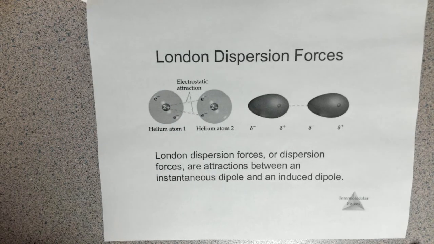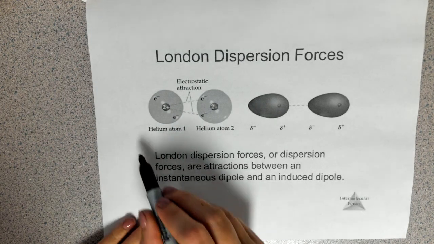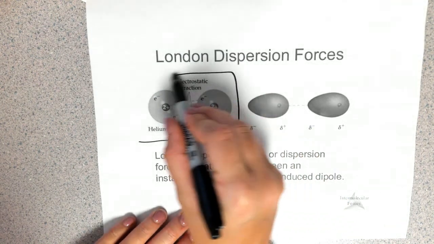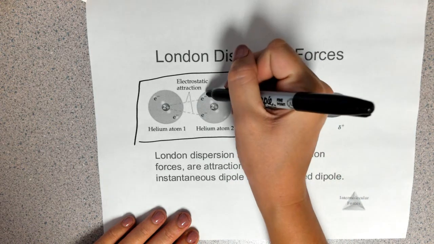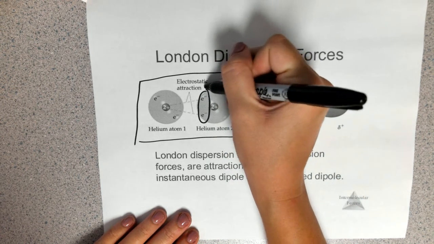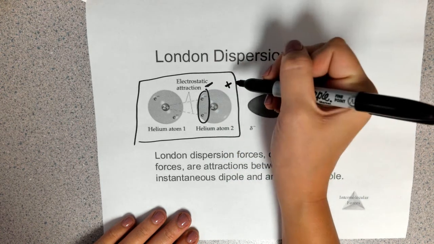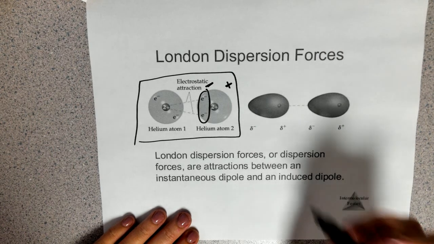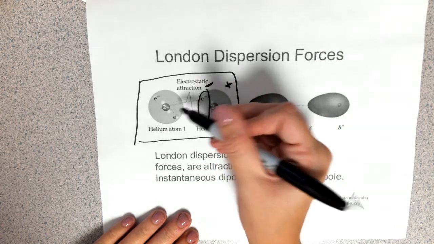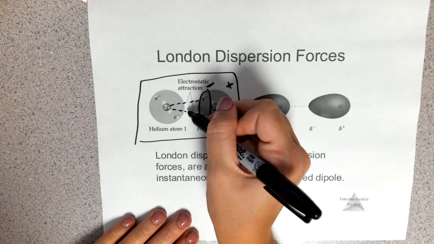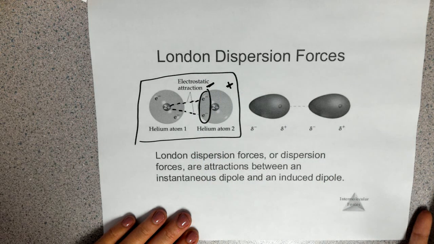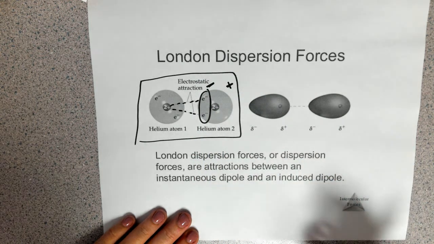Here are a few good pictures. So right here just shows randomly 2 helium atoms. Look, the electrons are over here, so that side's negative. This side is positive. And these electrons, they come over here because they got close to that helium atom. They're attracted to that nucleus, and it just randomly happens. And so there's going to be an attraction there.